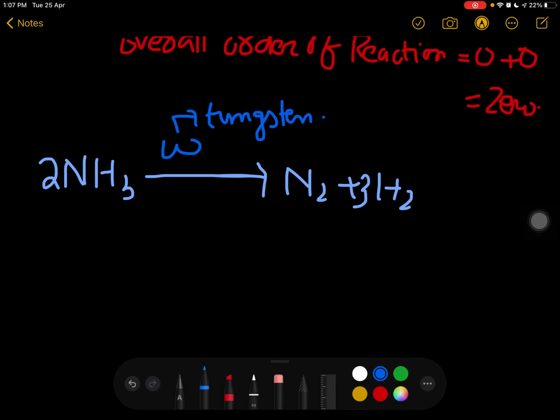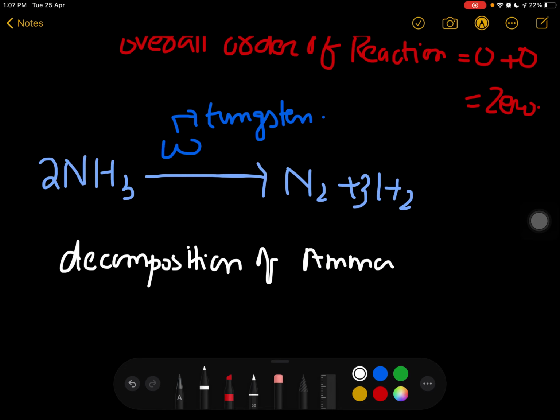Tungsten is basically a metal. So in the presence of a catalyst, there is a decomposition of ammonia. It is also a zero order reaction because here the concentration of ammonia doesn't matter.